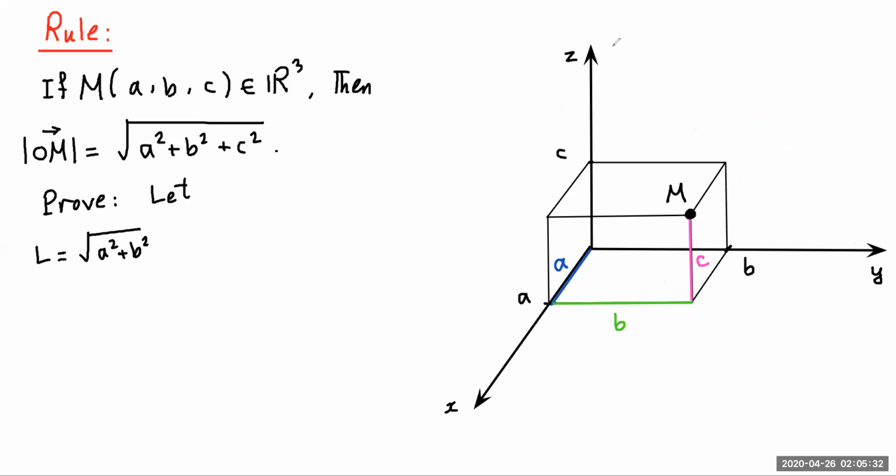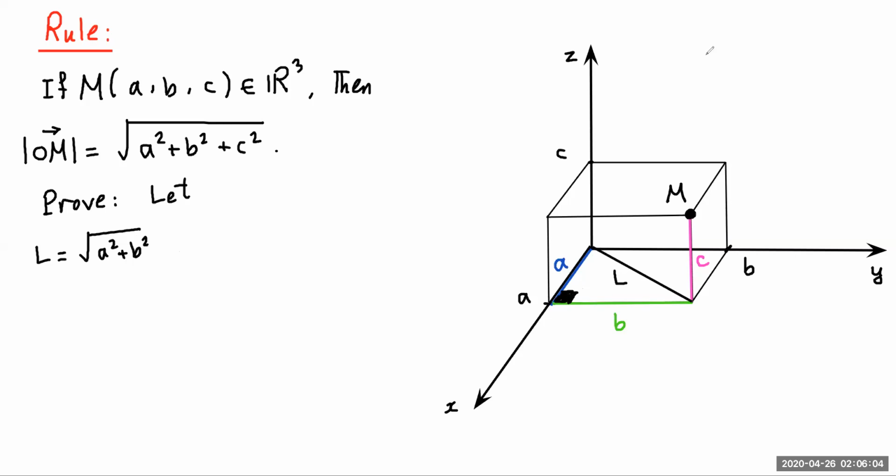Let's prove that. Let's sketch the length L here from this point to this point. Let's call this length L. So L, this is a right triangle. So L equals root a squared plus b squared.